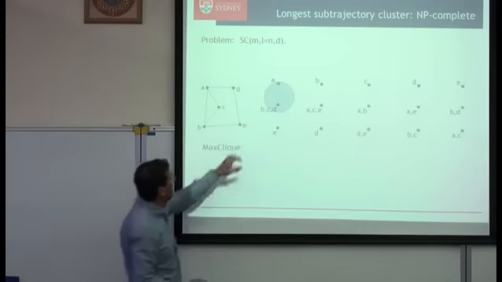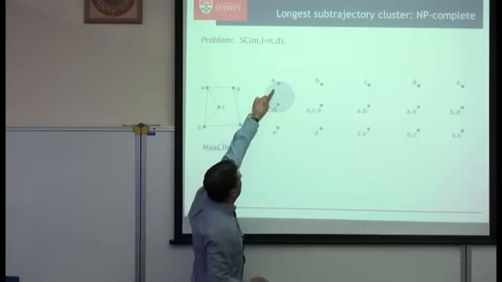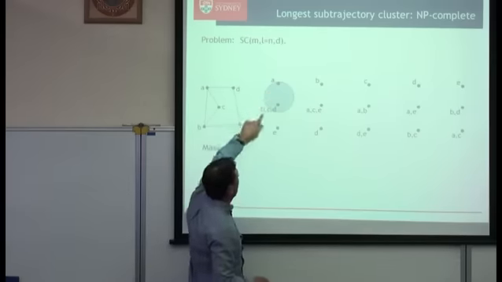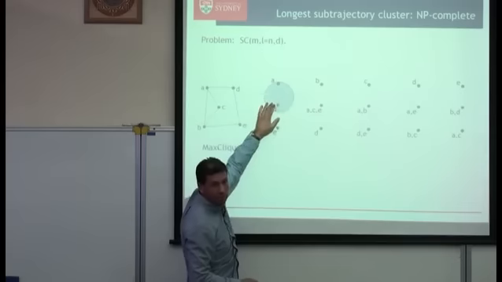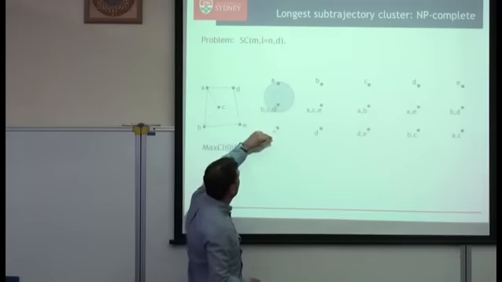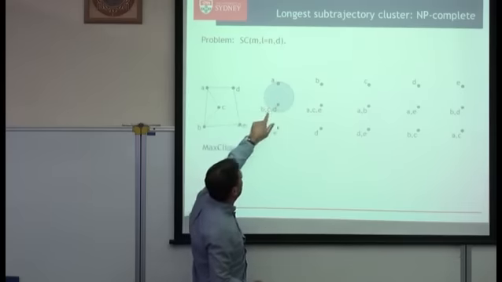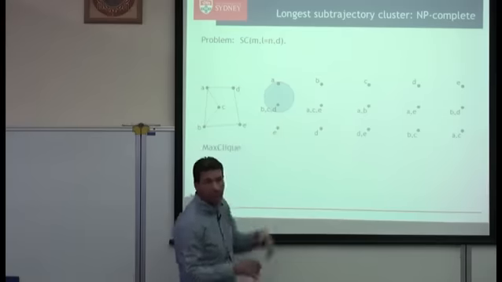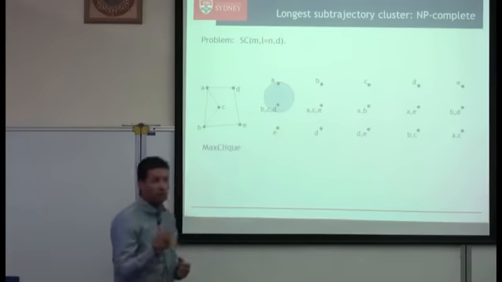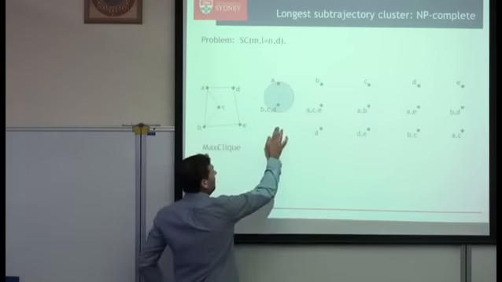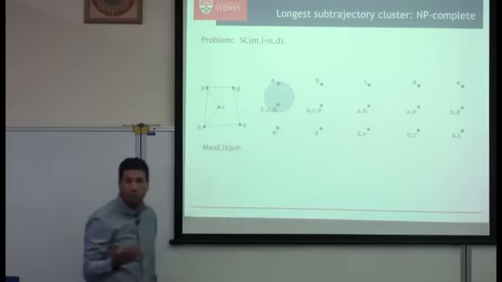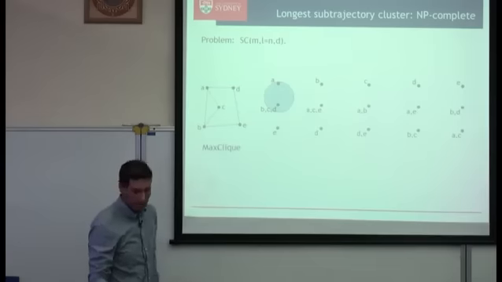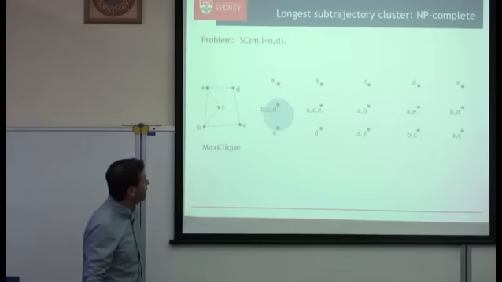Since this is exactly D, I can fit A, B, C, D into this circle. If I want to have B, C, and D in here, I can choose to have either A or E. I cannot take both of them. So I have to make a choice when I create my cluster: either A or E.